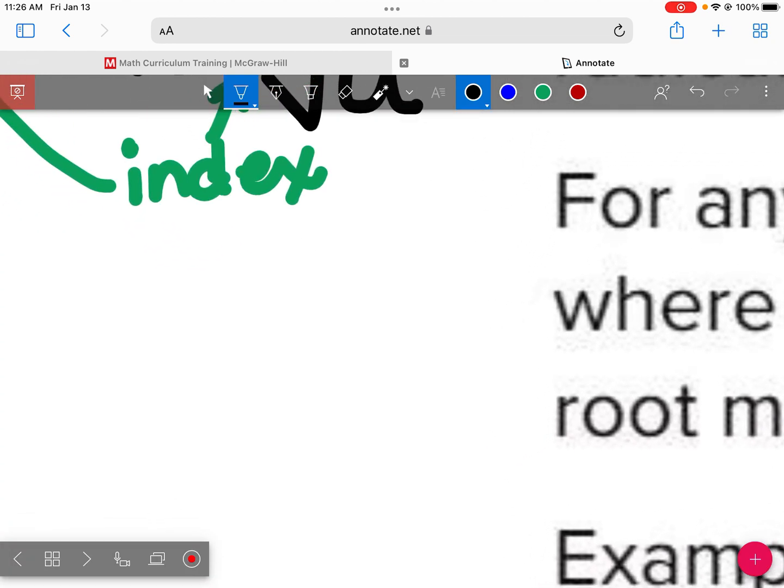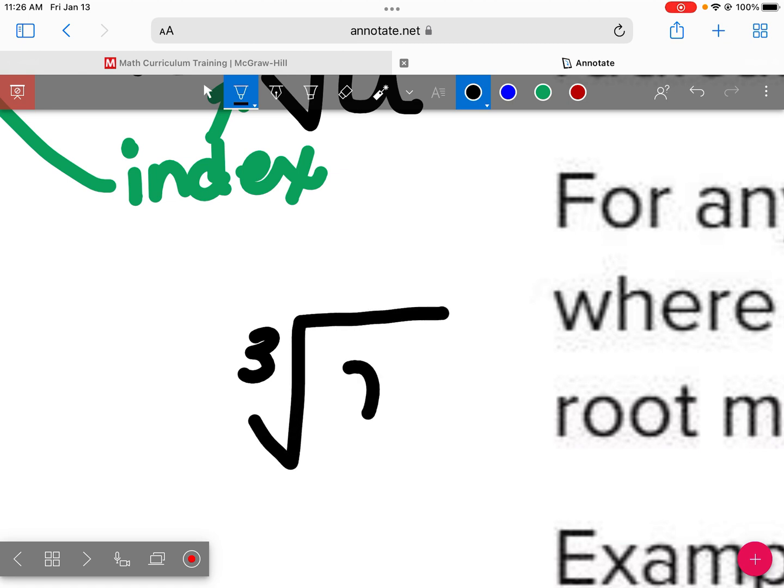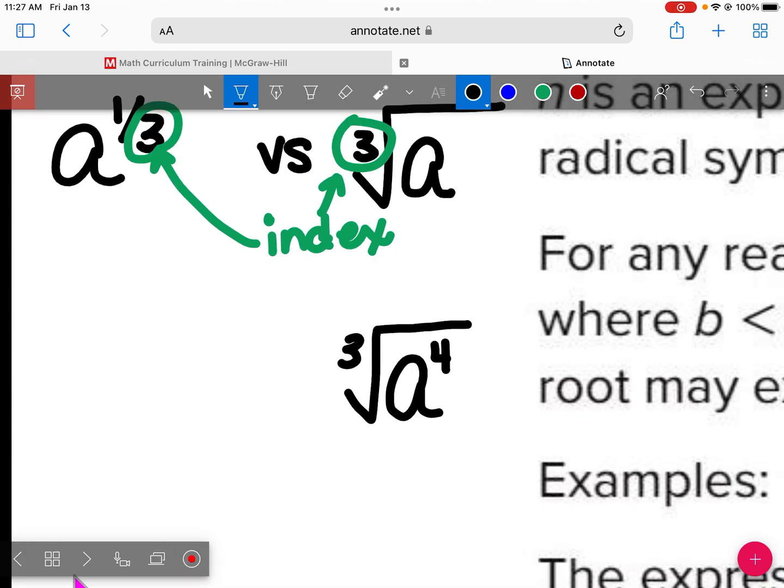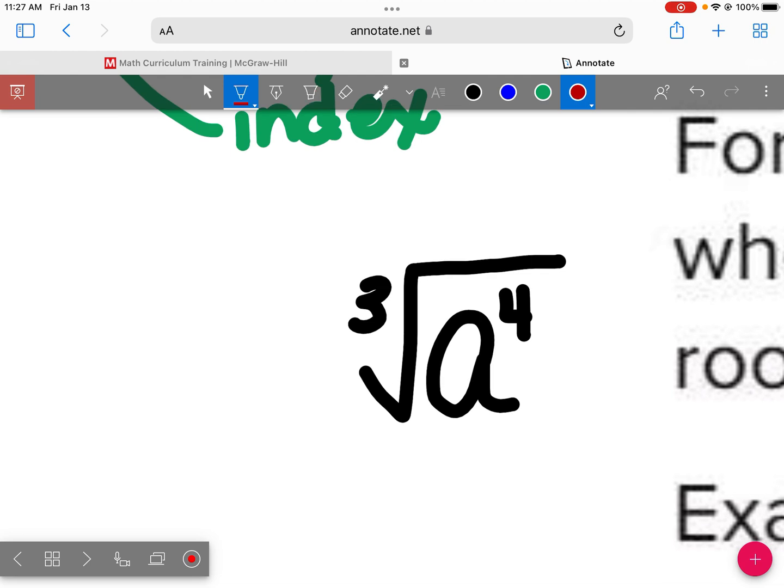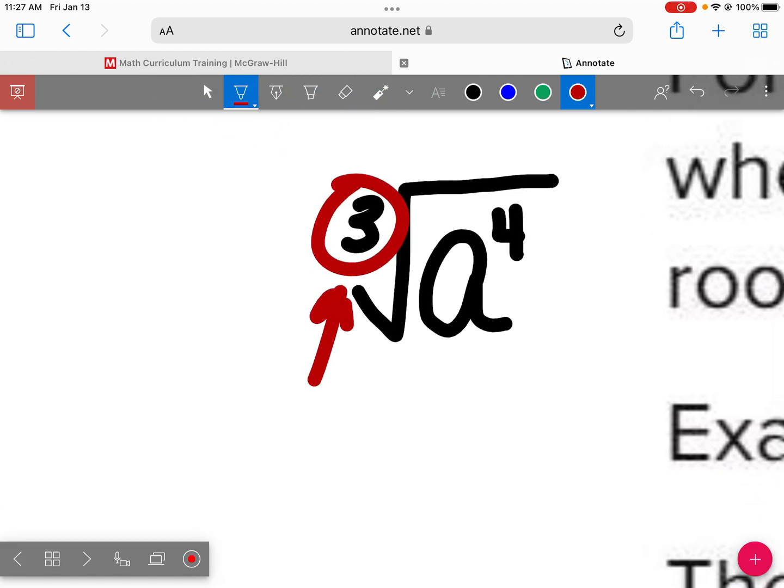I can do this even if my radicand, the part under the radical, has an exponent with it. What's my index on this one? 3 is my index.